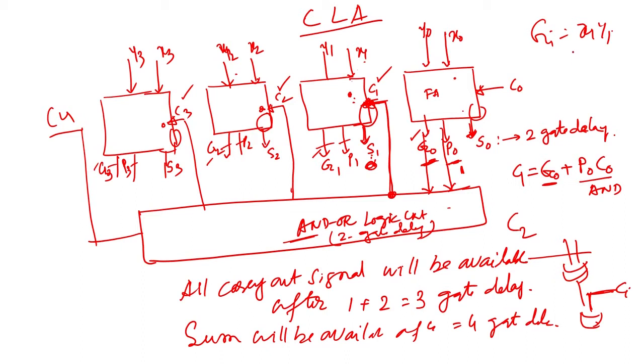I will draw it once more here: xi yi, then you have an exclusive OR gate, and then an AND gate. So, that gives gi and pi, therefore gi pi will be generated in a single gate delay.